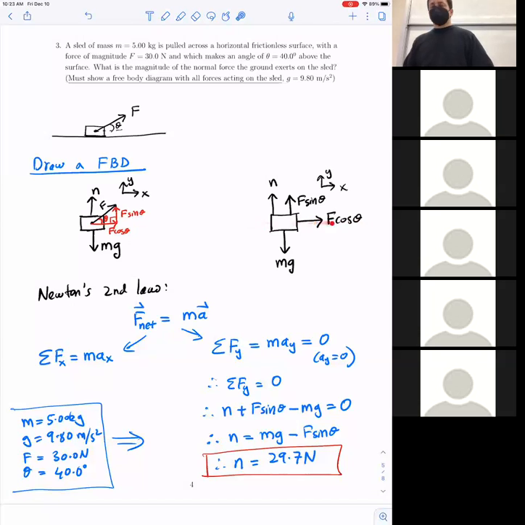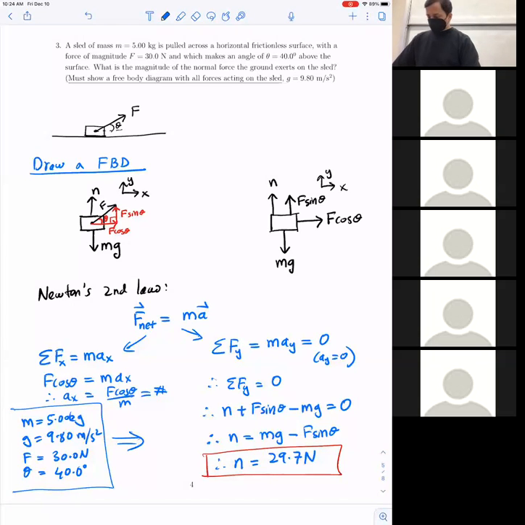There's nothing else acting here. So the sum of these forces along the x will just be F cosine theta, and that is equal to m times ax. Then you could solve for ax, which is F cosine theta divided by m, and you can plug in numbers, and you will get some particular number. That could have been like a part B for this question, for instance.